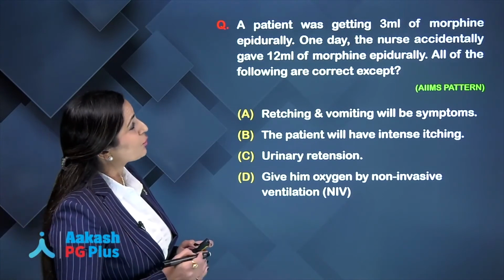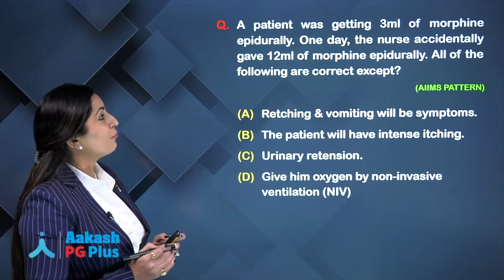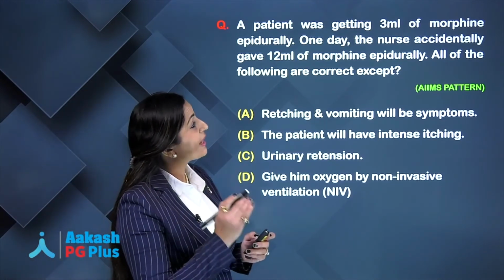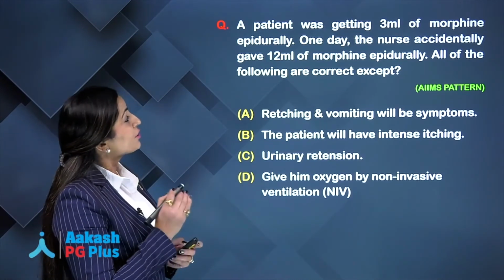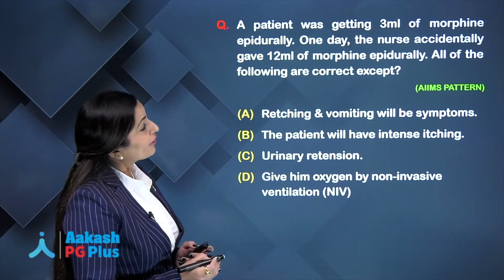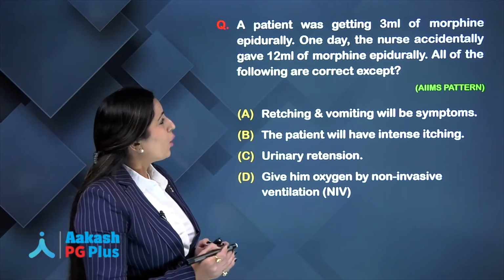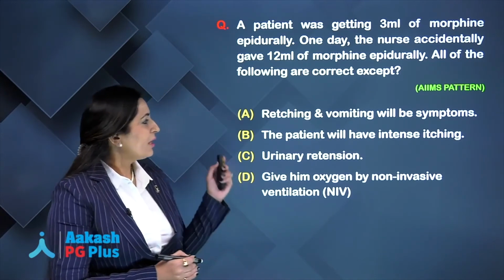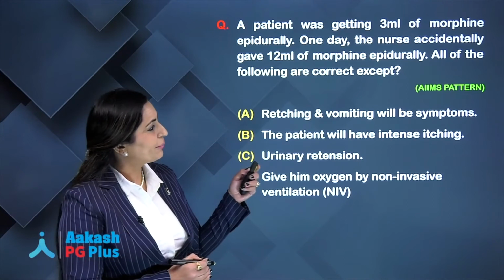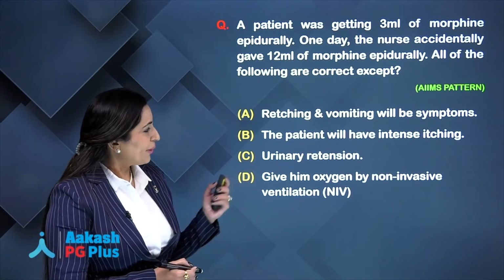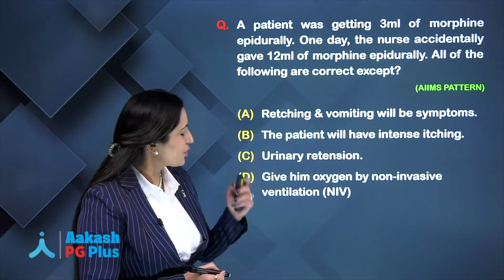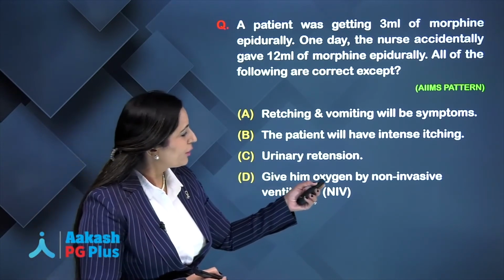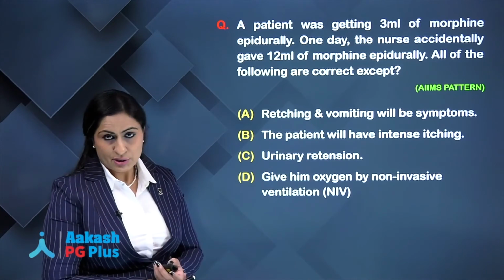A patient was getting 3 ml of morphine epidurally. One day the nurse accidentally gave 12 ml of morphine epidurally. All of the following are correct except: retching and nausea will be symptoms; patient will have intense itching; urinary retention; give him oxygen by non-invasive ventilation.